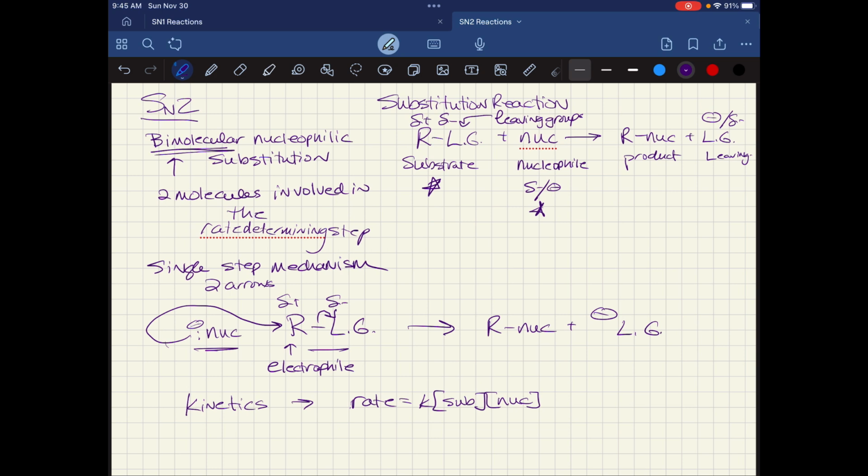So one of the ways we can test to see if this reaction is SN1 or SN2 is to do a kinetic study and determine the rate law. So if we have kinetic information about the reaction, that can help us determine, is it SN2 or is it SN1?